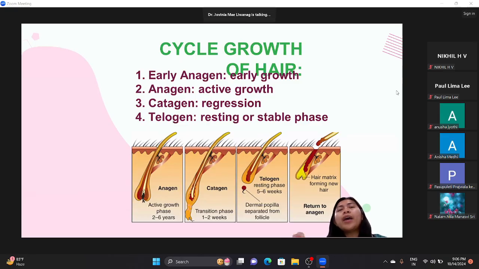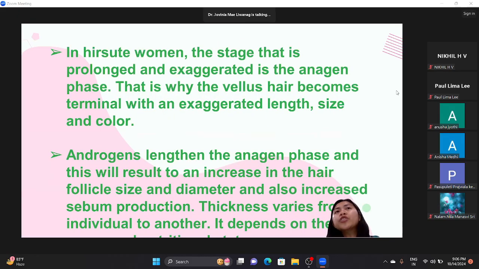So why am I telling you this growth cycle of hair? Because in hirsute women, the stage that is prolonged and exaggerated is the anagen phase. That's why I discussed the cycle.